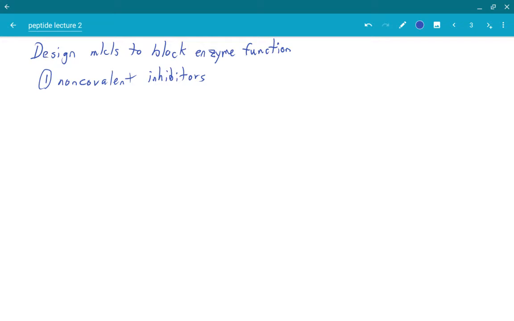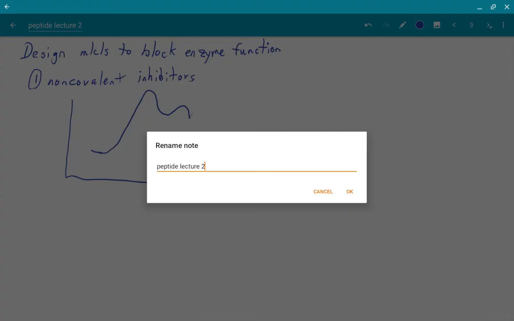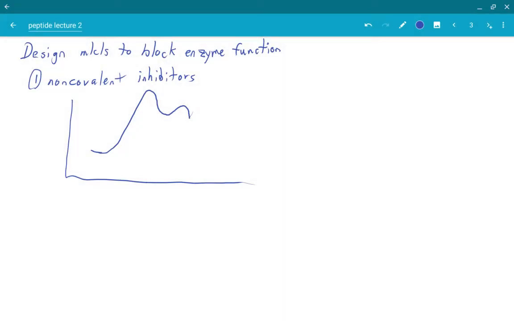And if we think about a non-covalent inhibitor, let's look at some generic reaction with maybe just one intermediate, going down to product here. An enzyme catalyzes this reaction by lowering the transition state, right?